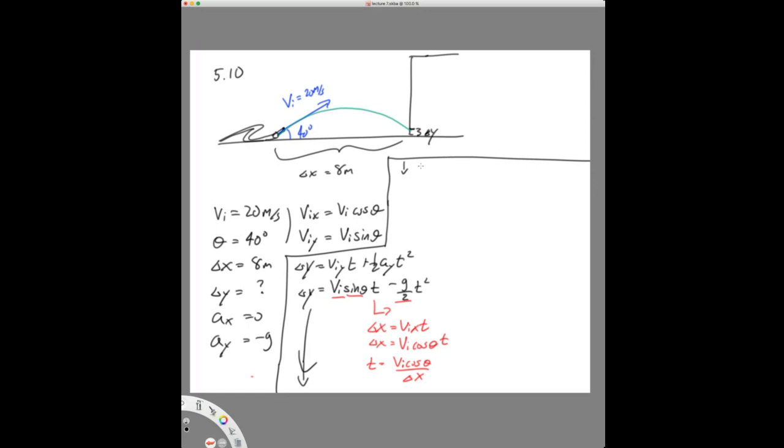And we have delta y equals vi. You know what? I'm just going to go to the next page because this is going to be a big, nasty equation. So delta y equals vi sine of theta t minus g over 2 t squared, where t we decided was equal to delta x over vi sine of theta.